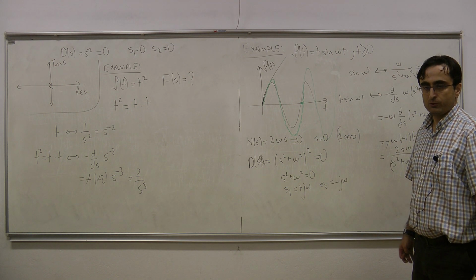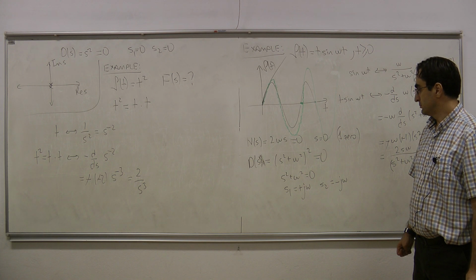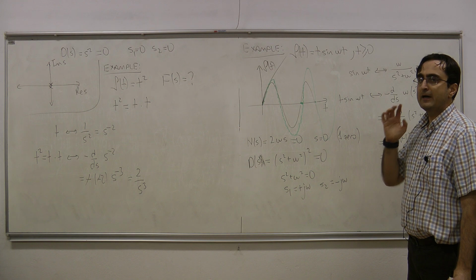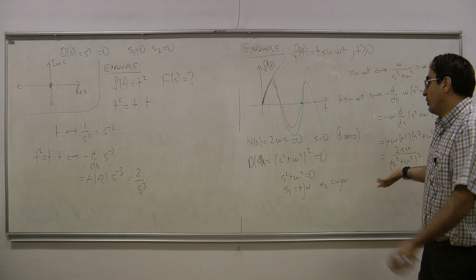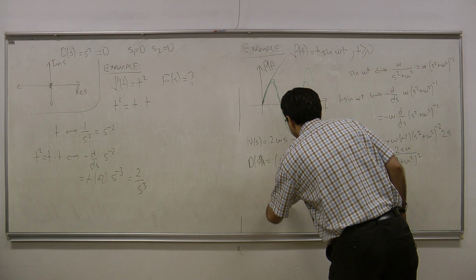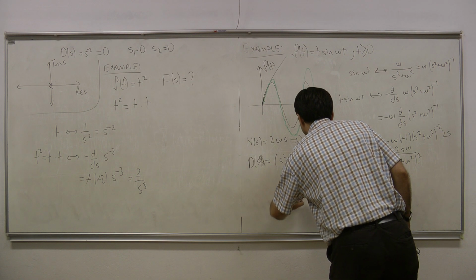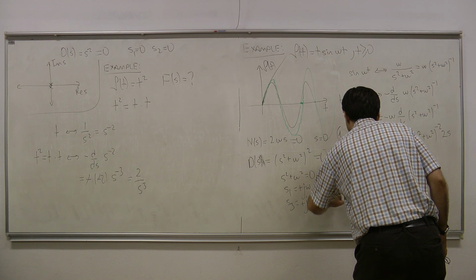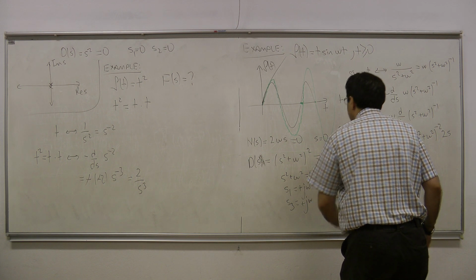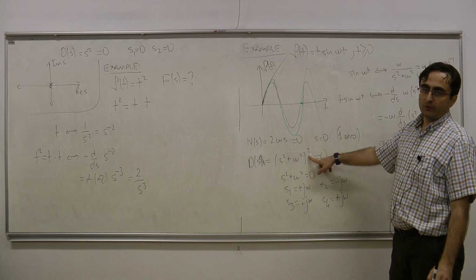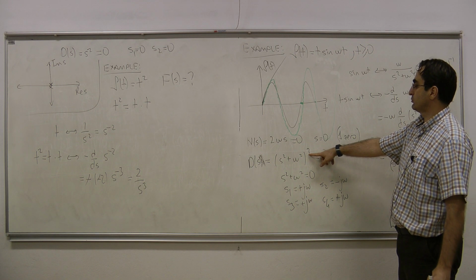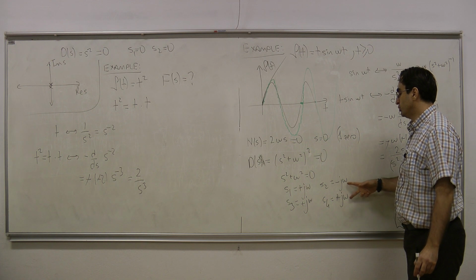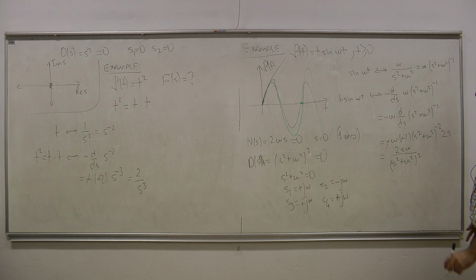So I have found these two. Where is the rest? There are going to be 4 of them. So here what I have to do is to repeat these poles. So s3 is at plus j omega, and s4 is at minus j omega. The repetition is because of this square: there will be 2 poles at plus j omega, and 2 poles at minus j omega.